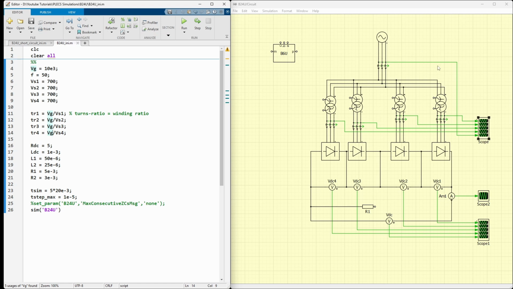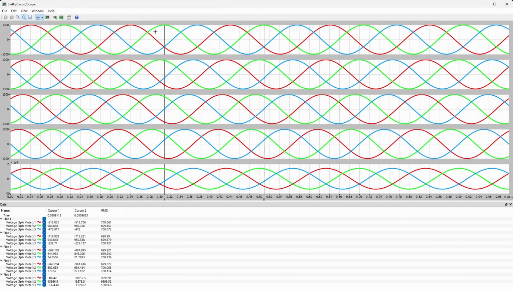Let's open the voltage levels first. So we connected the measurement blocks first to the high voltage side of the transformer, and then the remaining 4 secondary sides are connected here. Let's check the values and the phase shifts quickly. The cursors are already placed for 1 period. You see the green curve here. The first 4 curves or windows are for the secondary sides of the transformer, which, if you remember, were set for 700 volts.